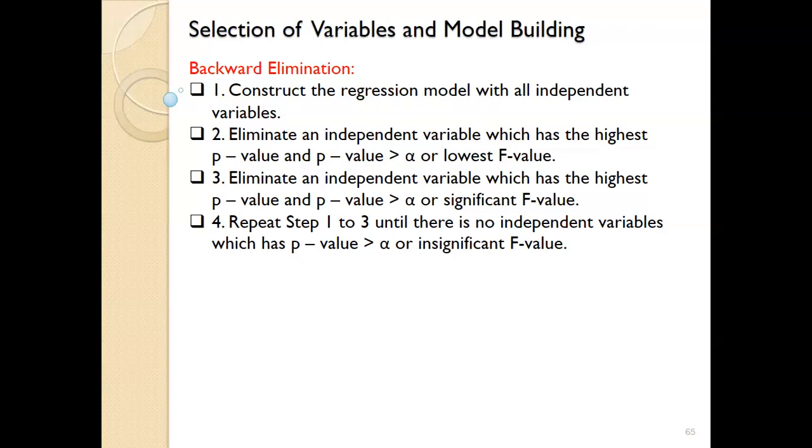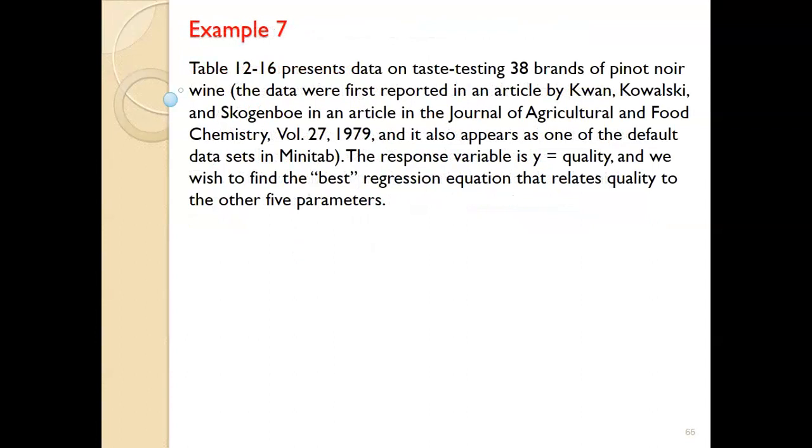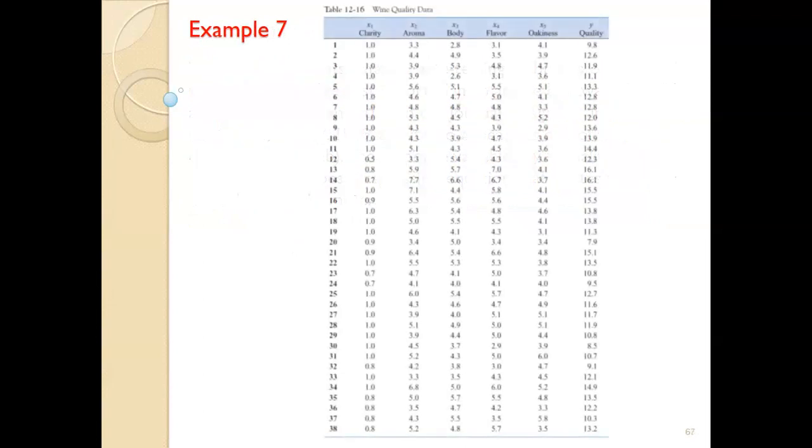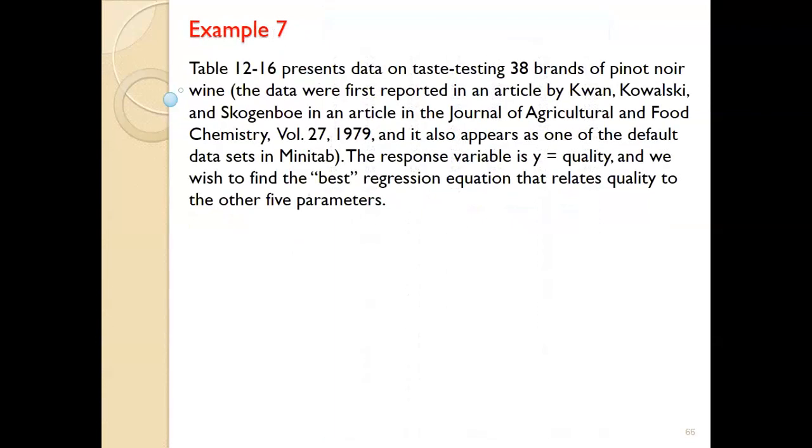And all this can be found in Minitab; you can click on the stepwise model in Minitab. Like for this, we have 5 variables. We use this for testing about 38 brands of wine, the wine test.